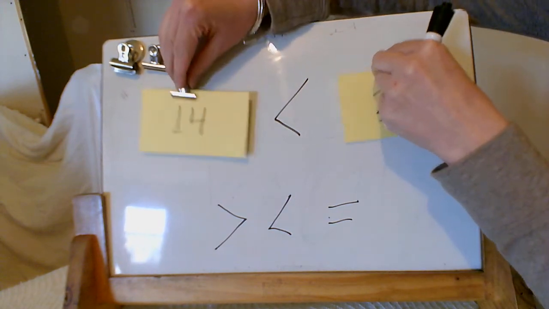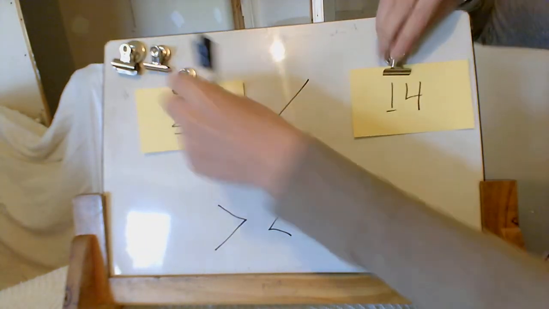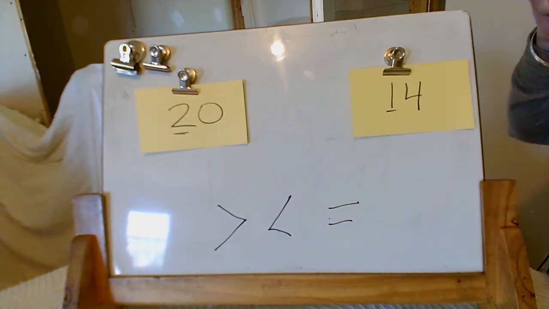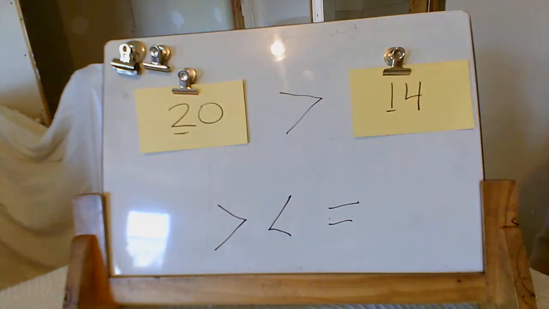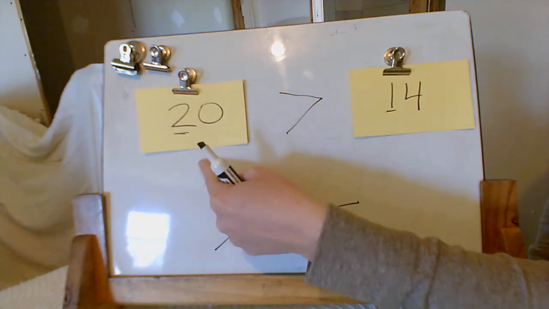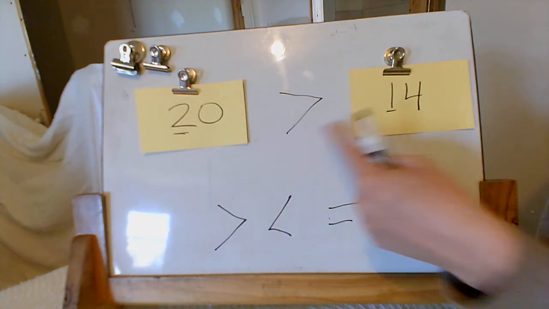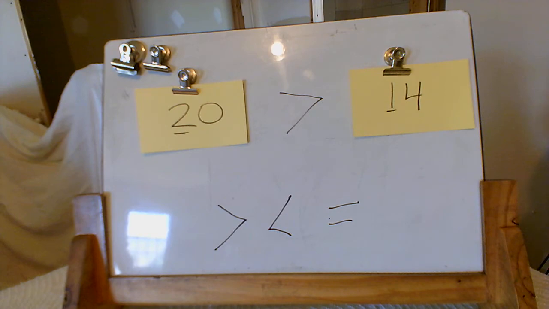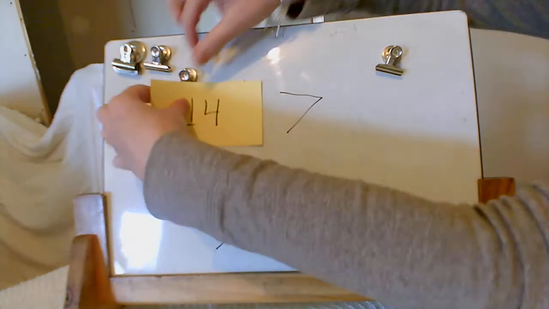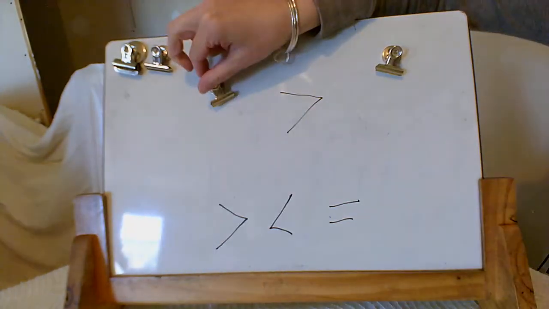If we switch these around, we would have to change the symbol. And we would read it like this. 20 is greater than 14. Okay, we have 2 more numbers to show you.